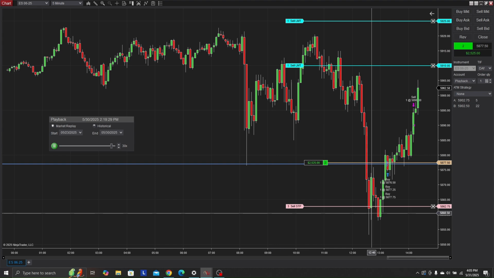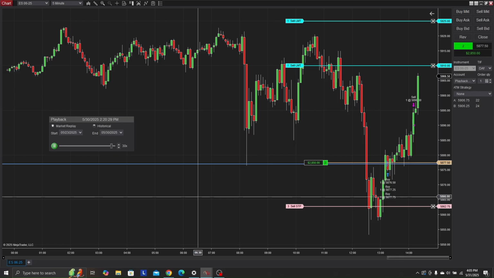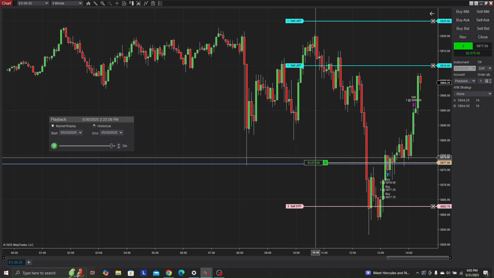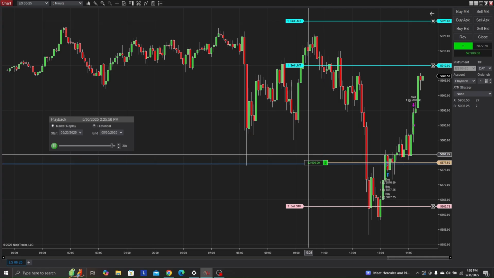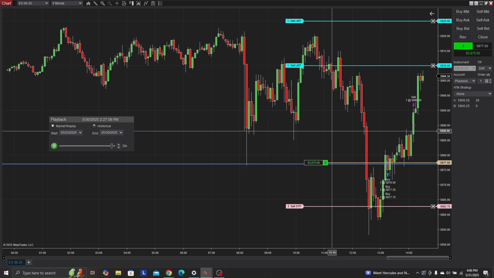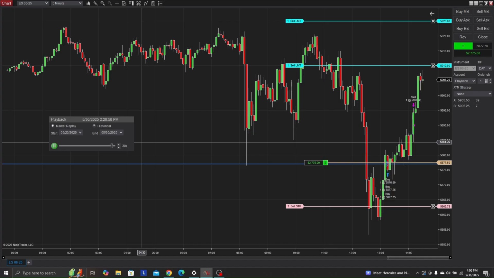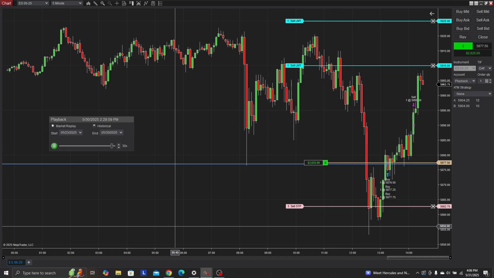For this example, I'm just going to leave everything exactly where it is. But if it were me personally, I'd probably be trailing the stop along the way just to prevent this trade from turning into a losing trade, because we're already up quite a bit. We've hit first target. If it were me, I'd trail the stop up, but we're just going to let this trade plan play out exactly.